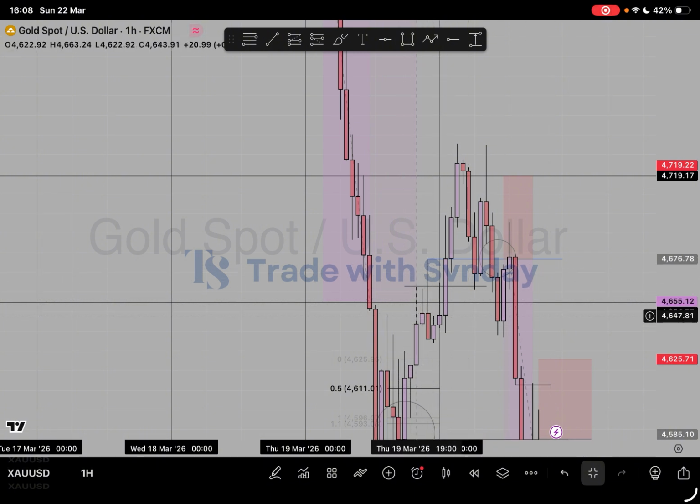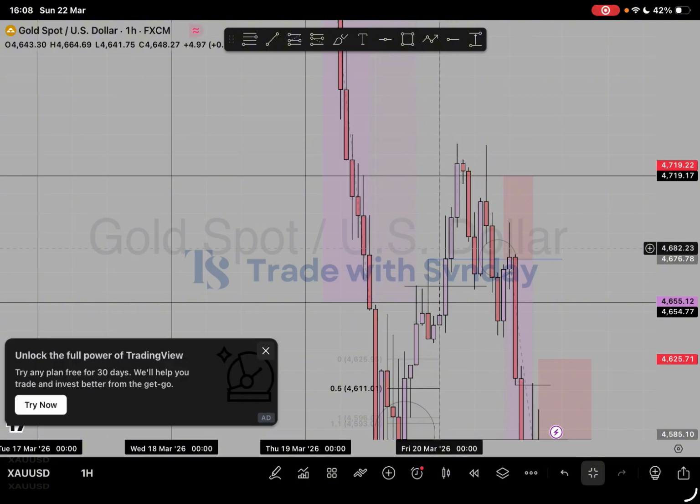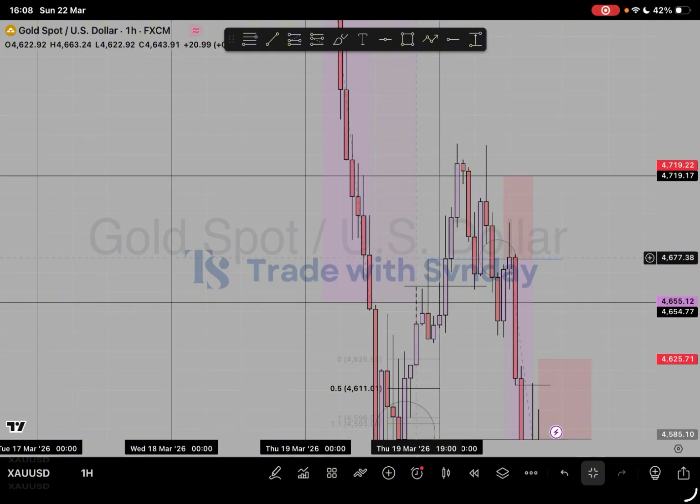It was trying to shake off a lot of buyers trying to chip in. After this rejection, we saw price buying off aggressively, giving a full body close above that particular candle. But guess what happened next? Price came back for 50% of that candle again.